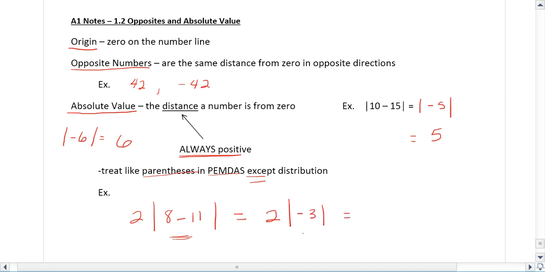Now after we take the absolute value of negative 3, which is positive 3, then we do our multiplying times 2 and get 6. So just to repeat, do not ever distribute a number outside the absolute value inside. It does not belong there. You do everything inside this first, and then you take care of any operations outside the absolute value symbols.